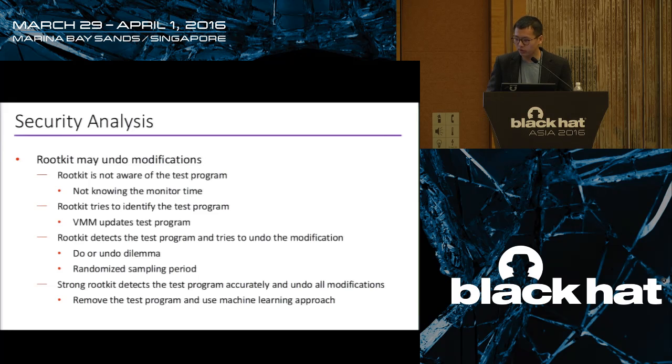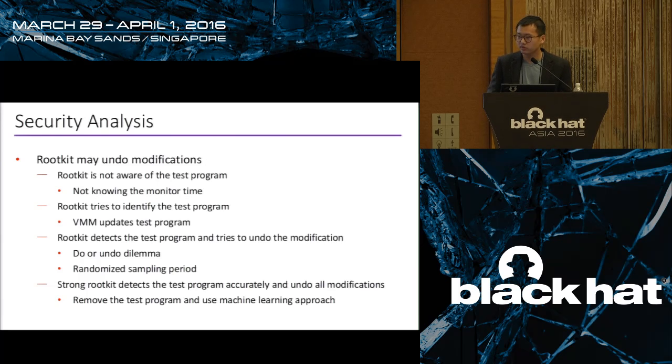Finally, we don't eliminate the possibility that the rootkit is really strong, and can detect the test program accurately and undo all the modifications. What that means is it undoes the modification in the kernel and reads all the activities on your system. That's also possible.